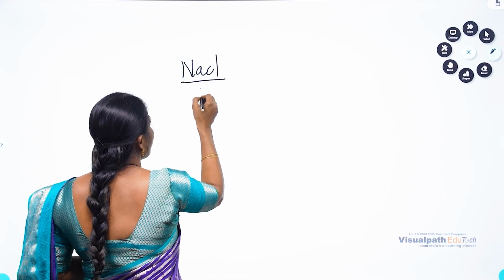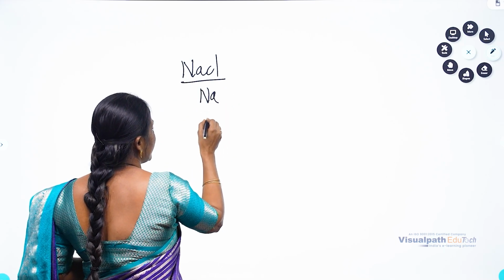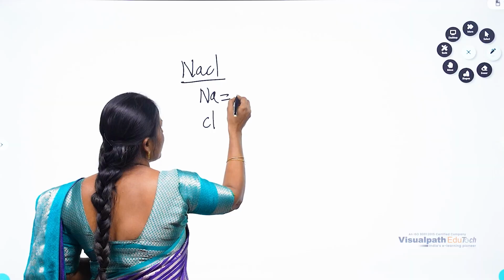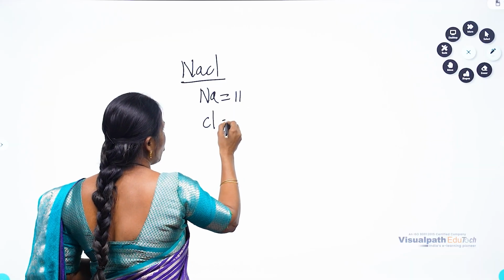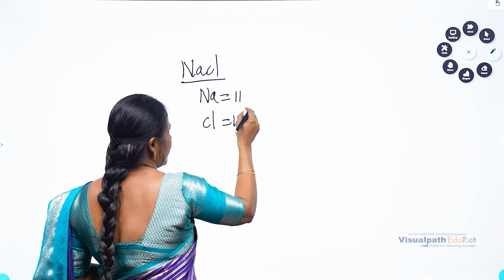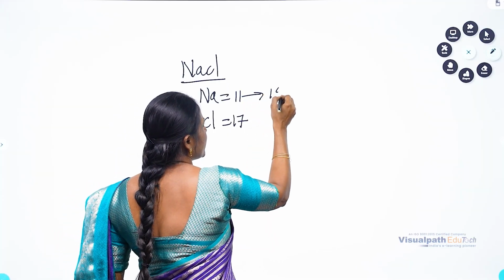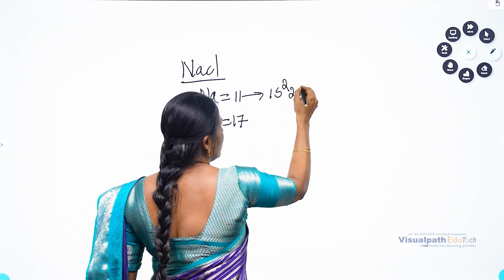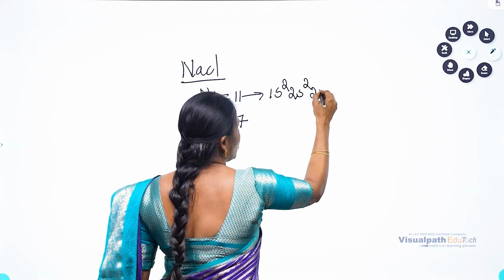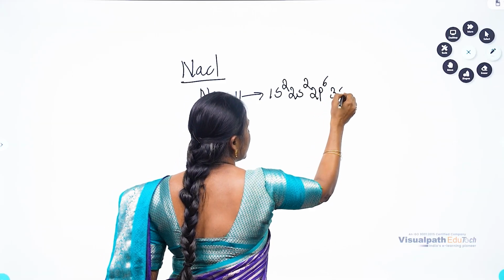In sodium chloride, one is sodium and the other is chlorine. First we take sodium, its atomic number is 11, and chlorine, its atomic number is 17. The electronic configuration of sodium is 1s2, 2s2, 2p6 and 3s1.